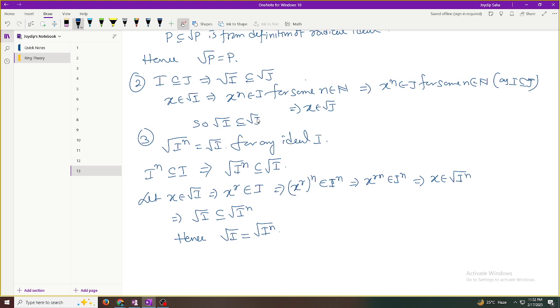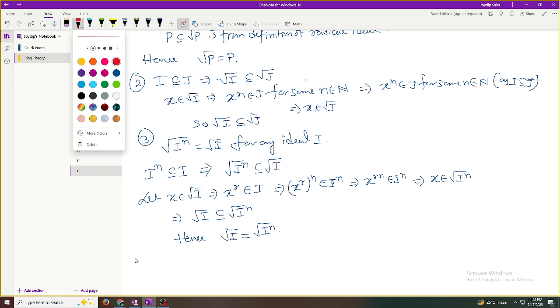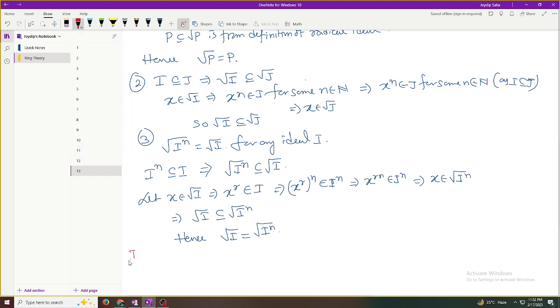Now from this result, if P belongs to Spec R, this implies root of P to the power n equals root P equals P.